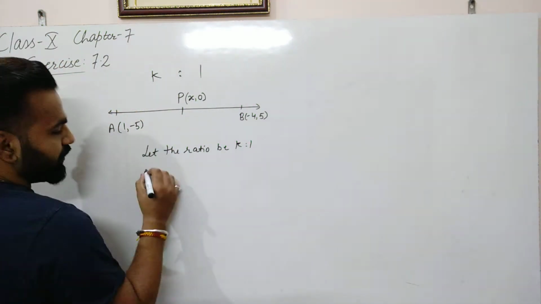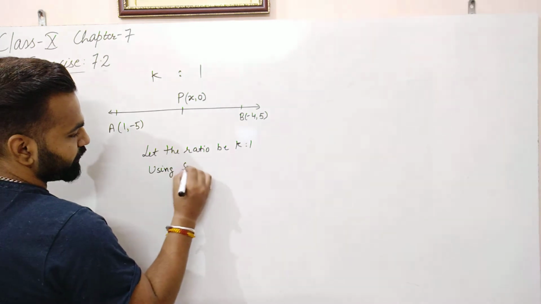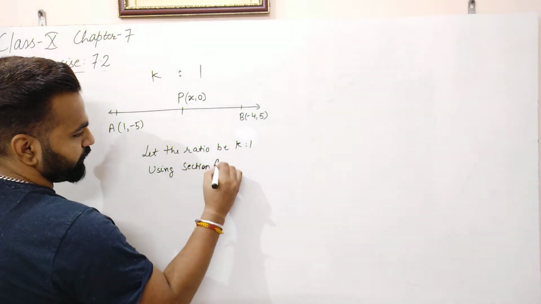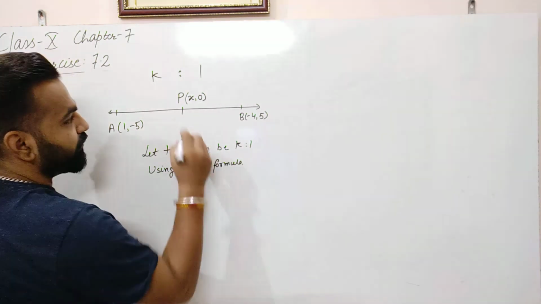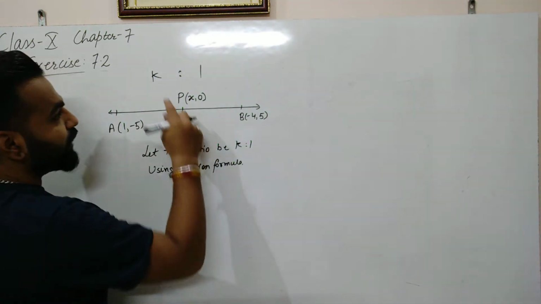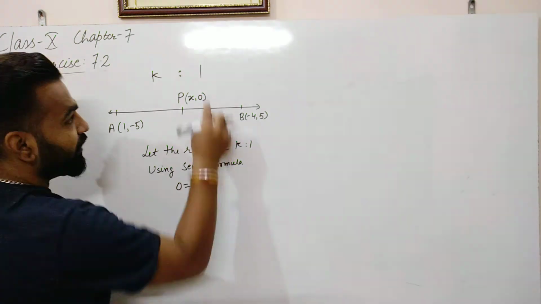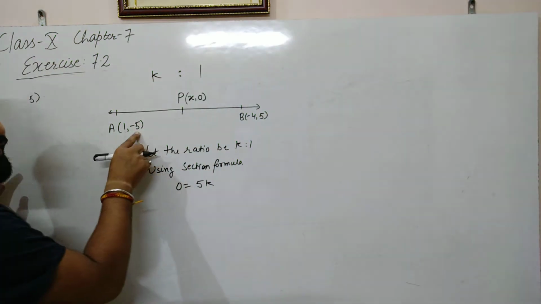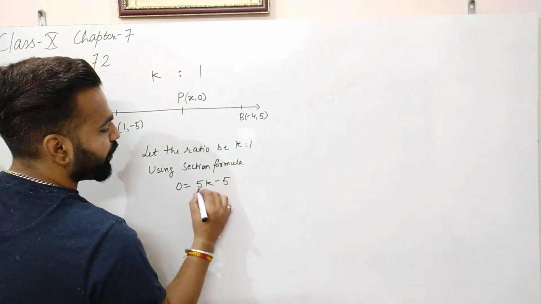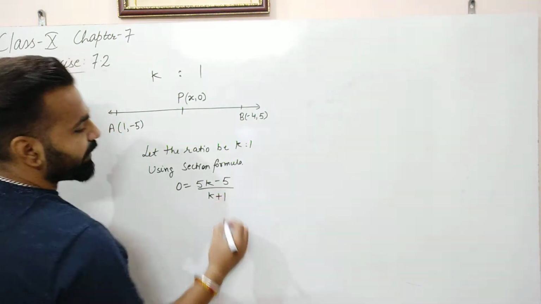So the equation will be converted into a single variable. I am using the section formula. y, that is 0, is equal to (m y2 + n y1) upon (k + 1), that is m plus n, so (k into 5 + 1 into -5) upon (k + 1).